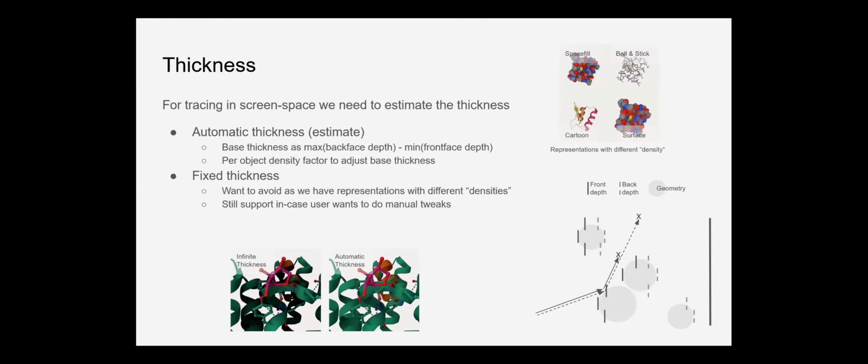There's an example on the bottom left. If we just take the infinite thickness, so basically just the front depth, then things are really overly dark. But with this automatic thickness, we get a much more balanced look that has shadows and darkening where you want it.